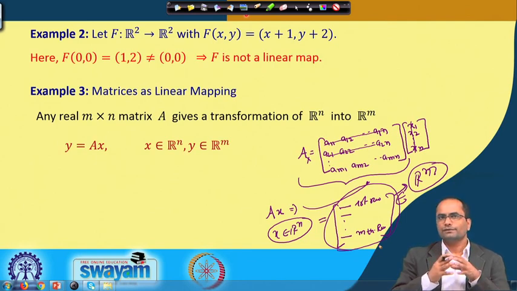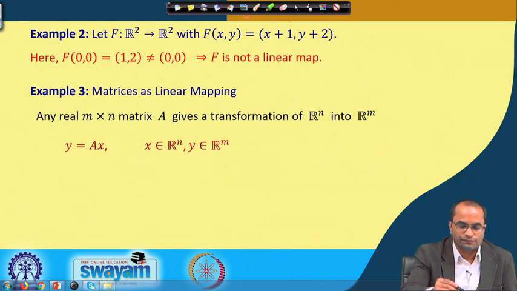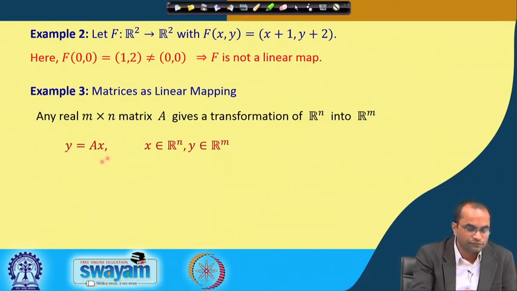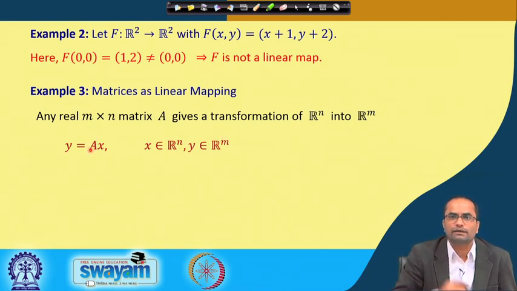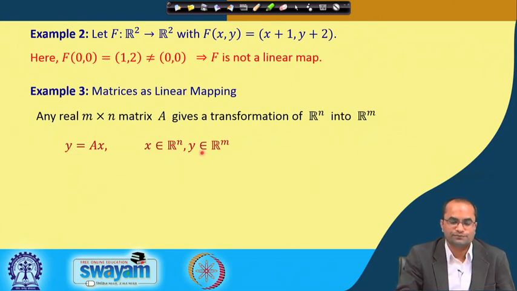So, all matrices of order m cross n we can think of as linear maps. Why linear map? Because of the nice properties of such matrices. First, what we have seen is that A x maps the element x from R n to an element y in R m. So, it maps from R n to R m, that is clear.